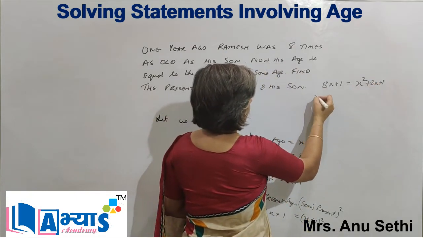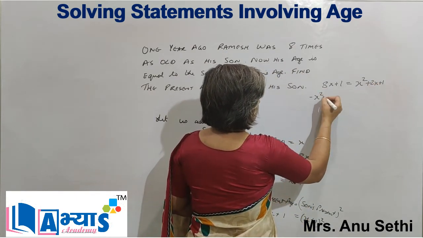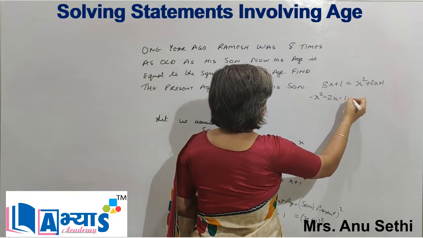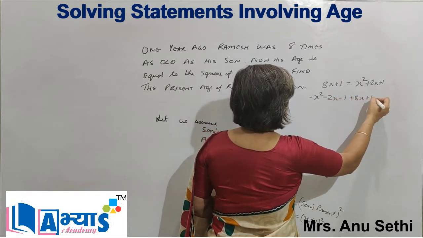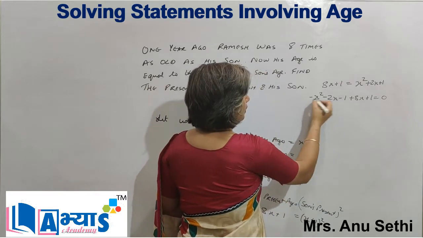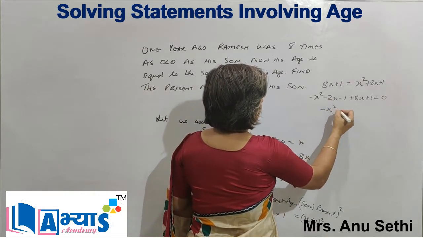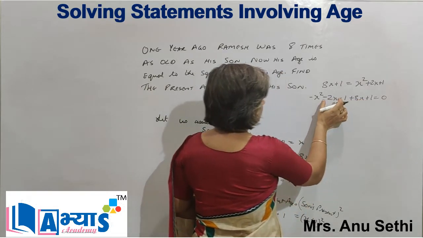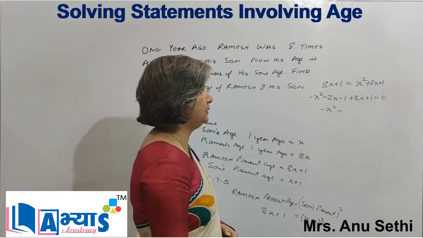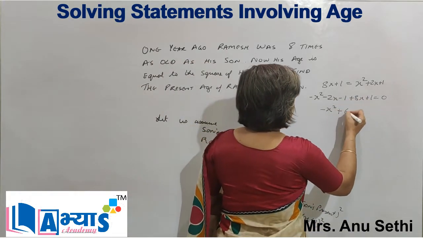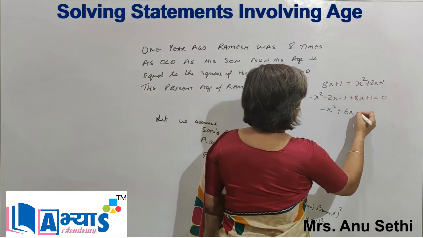On simplifying I will get x square minus 2x minus 1 plus 8x plus 1 is equal to 0. Now it is minus x square, then the like terms are minus 2x and plus 8x, which come out to be 6x, then minus 1 plus 1 will cancel out.